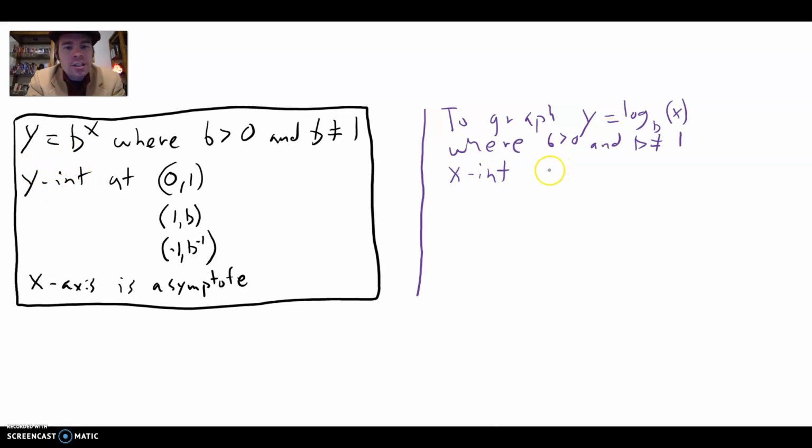And that x-intercept will be at (1, 0). Instead of the point (1, b), we now have the point (b, 1). And instead of (-1, b inverse), we now have (b inverse, -1). And finally, instead of the x-axis being an asymptote, we have the y-axis as an asymptote.